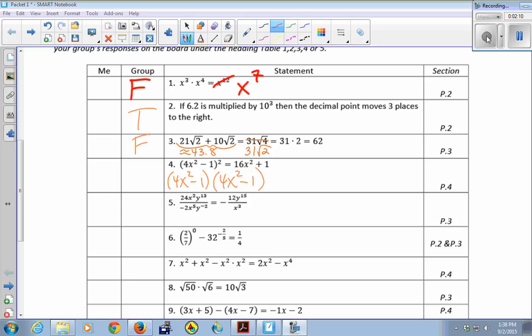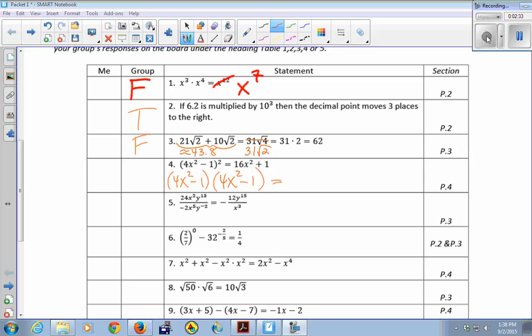And then you have to distribute. You might have learned that this is called FOIL. You might have learned lobster claw. You might have learned distribute, or a box method. But either way, you have to multiply everything in each set of parentheses by everything else.